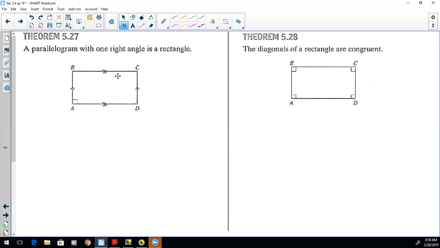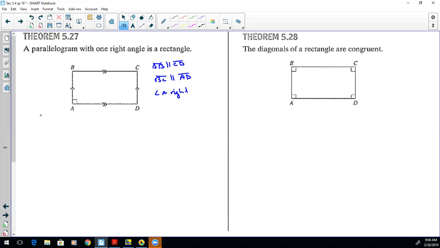So what we have here, because of the arrows, we mean that AB is parallel to CD, and that BC is parallel to AD, and that we have a right angle at A. I don't even have to have a parallelogram here.